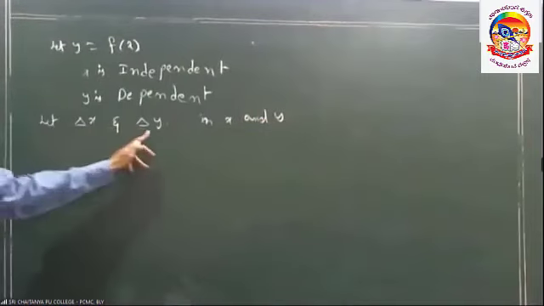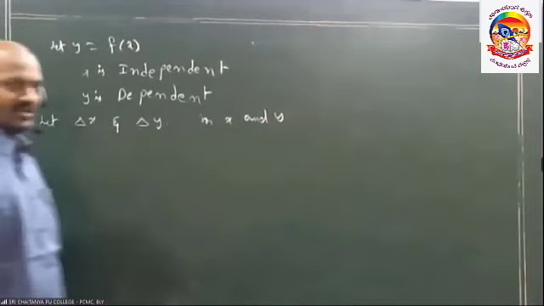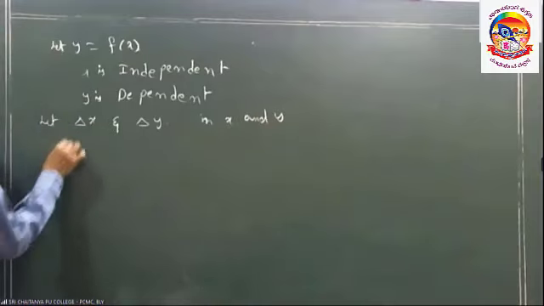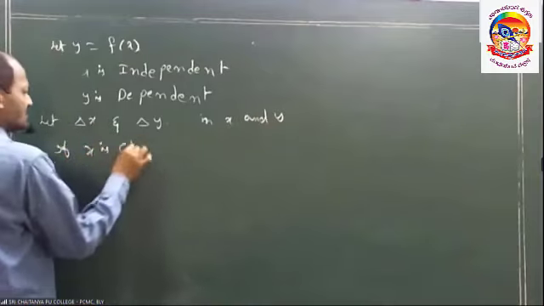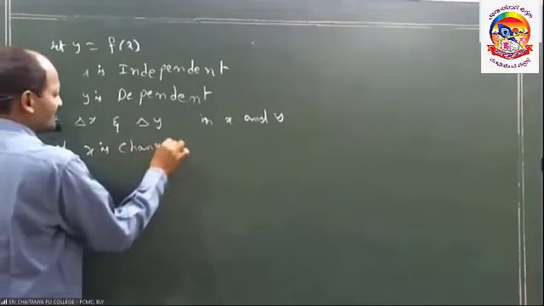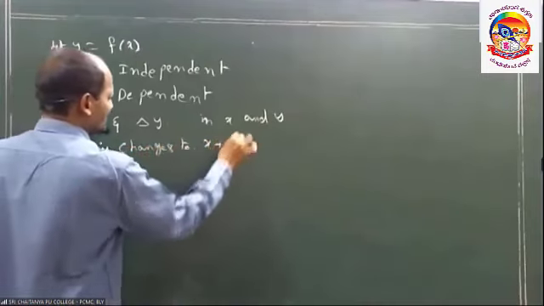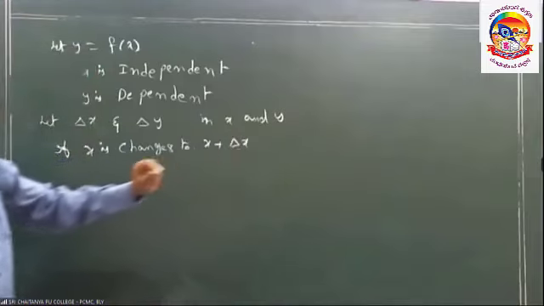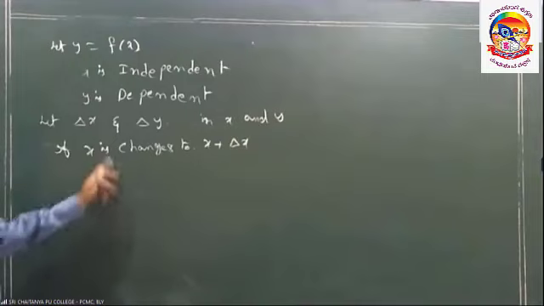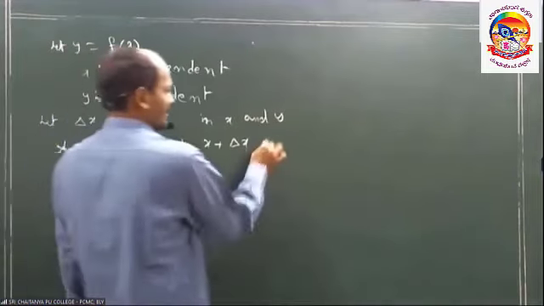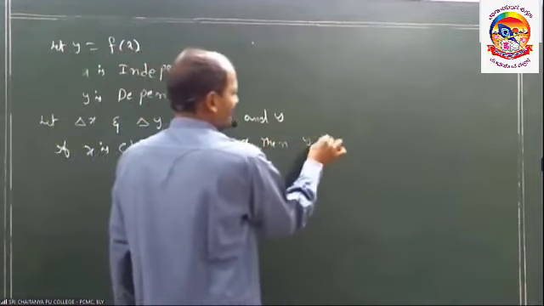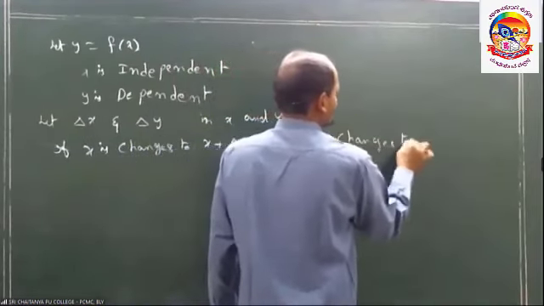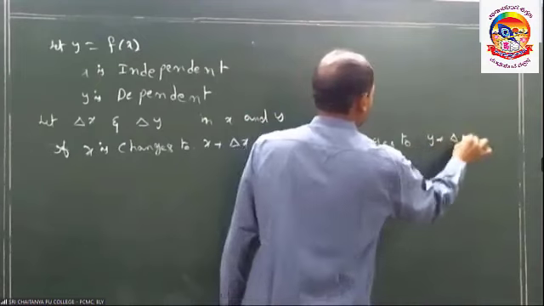So delta x and delta y are small increments in x and y. That is, if x changes to x plus delta x, where delta x is a small increment in x, then y changes to y plus delta y.